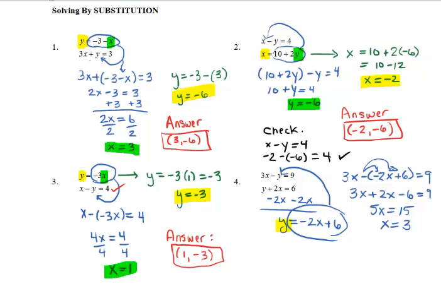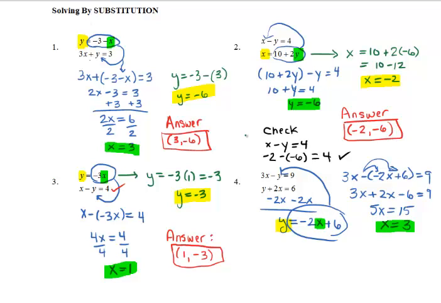And I'm going to replace the x variable with a 3 into one of my two equations. And it really doesn't matter which one. Okay, so I'm going to choose to use the one where y was solved already. So I'm going to replace that x value with 3.